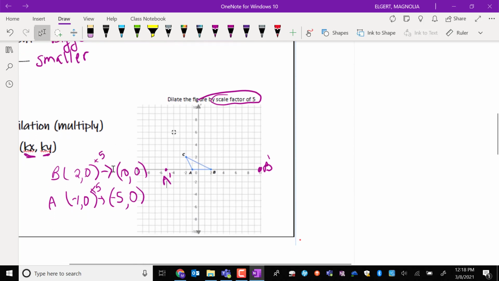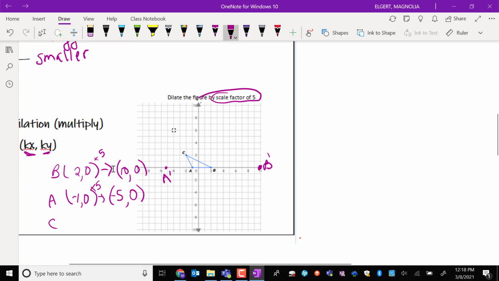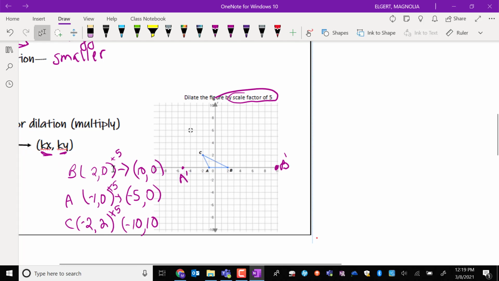And our last point we need to look at is C. C is at negative 2, positive 2. And again, we're going to multiply by 5. So 5 times negative 2 is negative 10. And 5 times 2 is 10. So our new point C is going to be at negative 10, 10, which is going to be right up here.